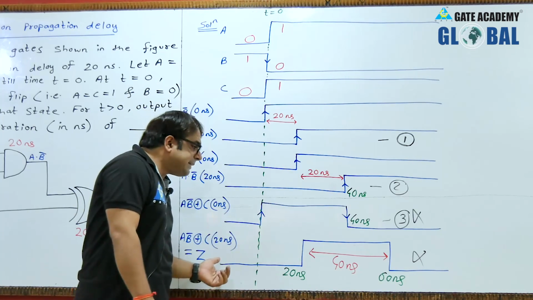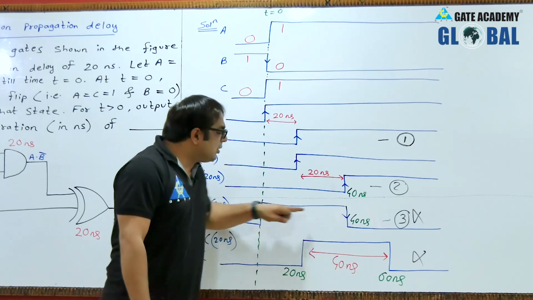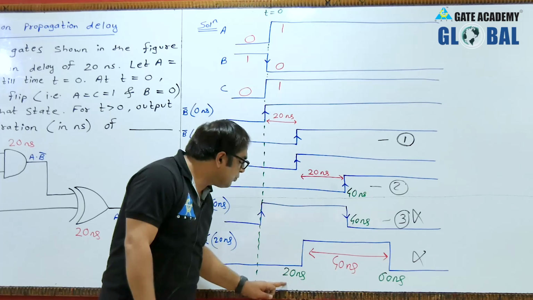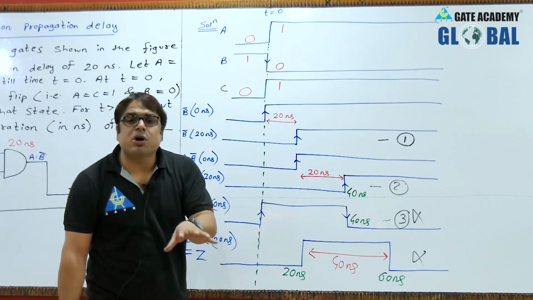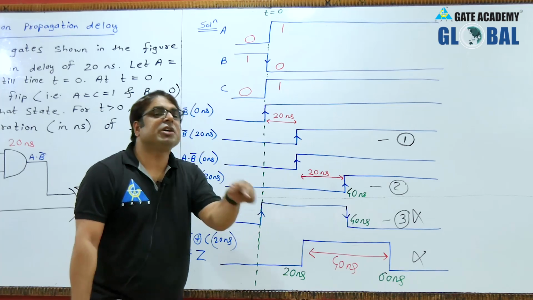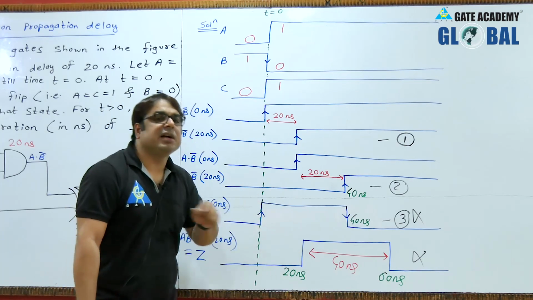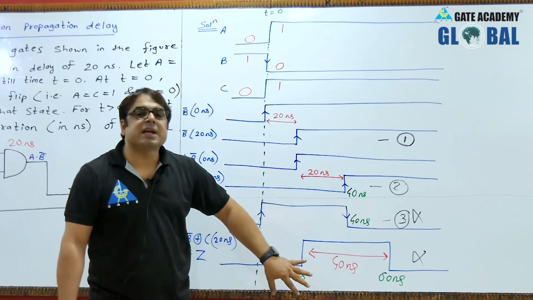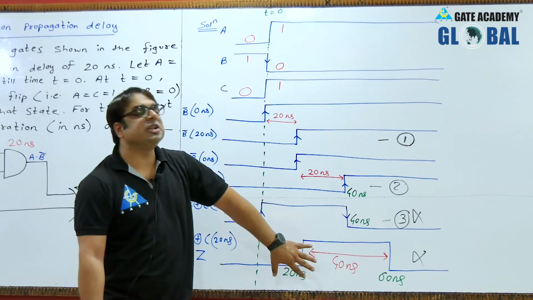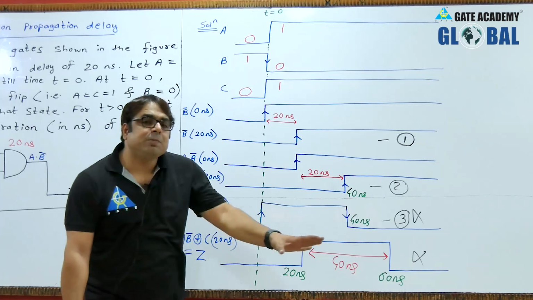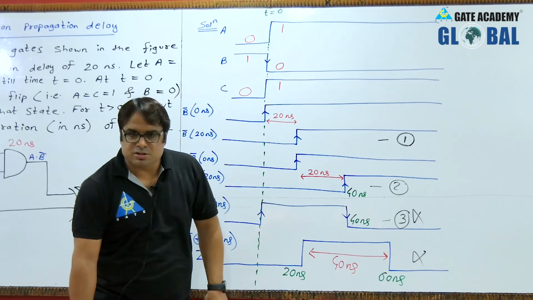Because in this particular question, it does not matter whether it is from 0 to 40 nanosecond or from 20 nanosecond to 60 nanosecond, because the question asked was for duration of output being at logic high. So answer is 40 nanosecond, and it will not at all take time for you to solve the question in the exam, and there will not be any confusion for solving these type of questions.